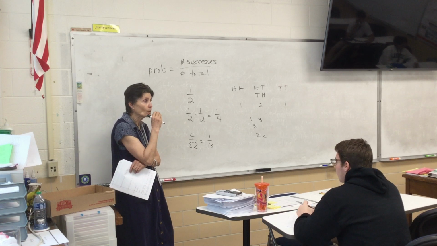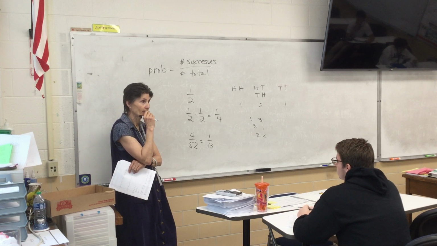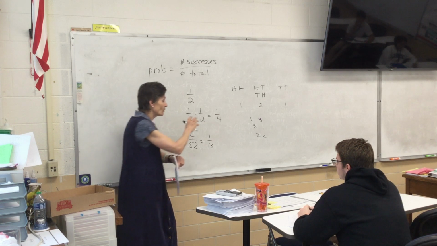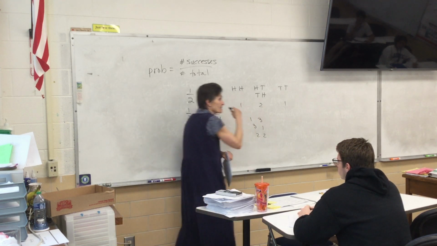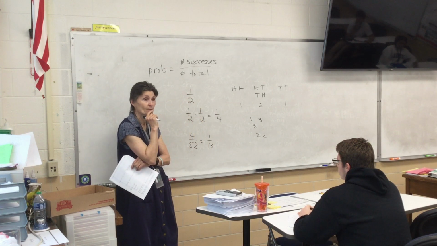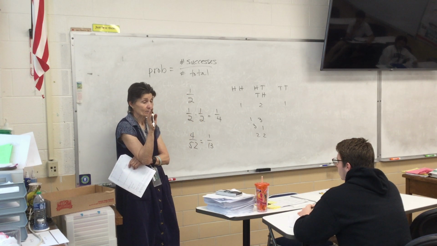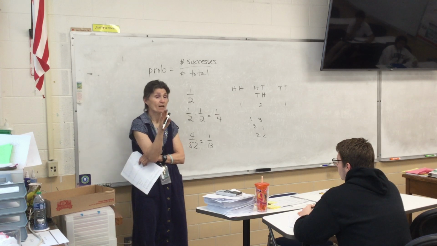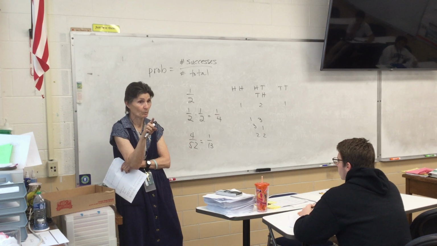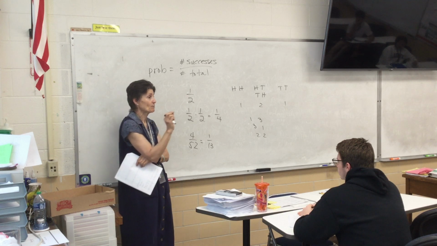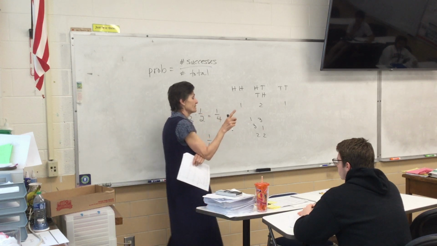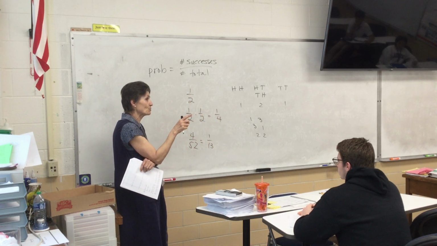How many total ways are there for 2 dice to land? If I wrote out all the possibilities, how many total ways would there be? 6 factorial. Now, there are 11 total sums, but those sums can happen more than one way, so there are more than 11 possible outcomes. 6 factorial is a little bit too big, but you're on the right track.